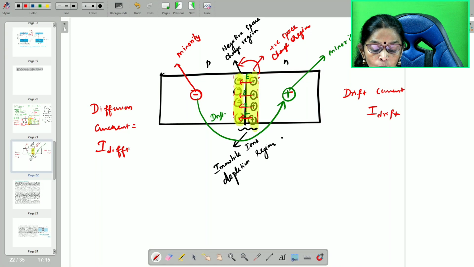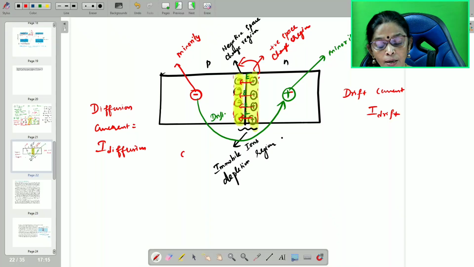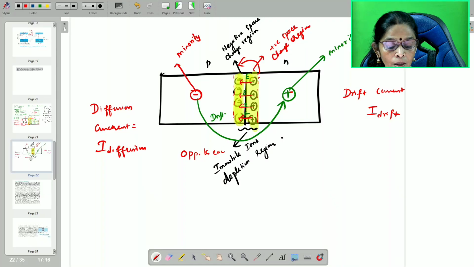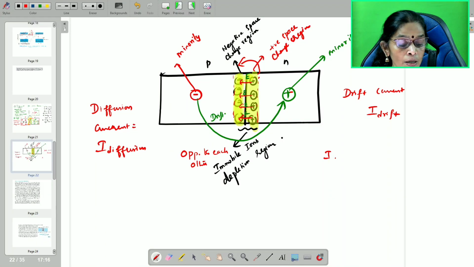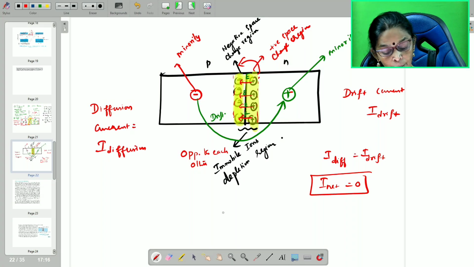So this all keeps on extending till drift current and diffusion current are nullified, because they are equal and opposite to each other. So at one particular instant when diffusion current is equal to drift current, the net current will be equal to 0. Thus p-n junction is formed.